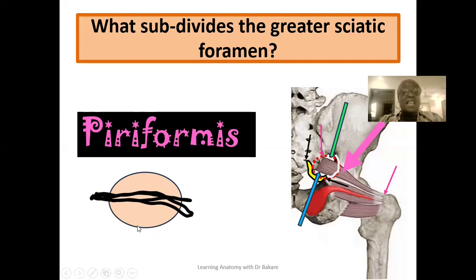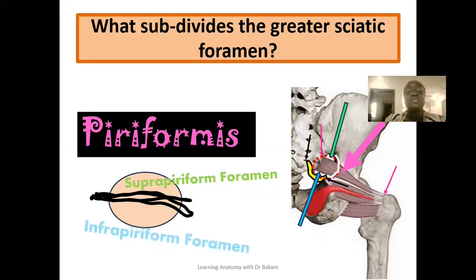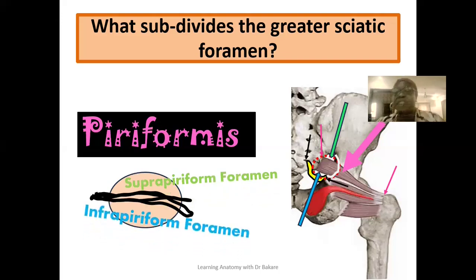So the space that is created superiorly is referred to as the suprapiriform foramen. This foramen is also seen to allow for the passage of some structures. And inferiorly, you have a foramen created below the piriformis that is referred to as the infrapiriform foramen. This also is created to allow for the passage of some structures.